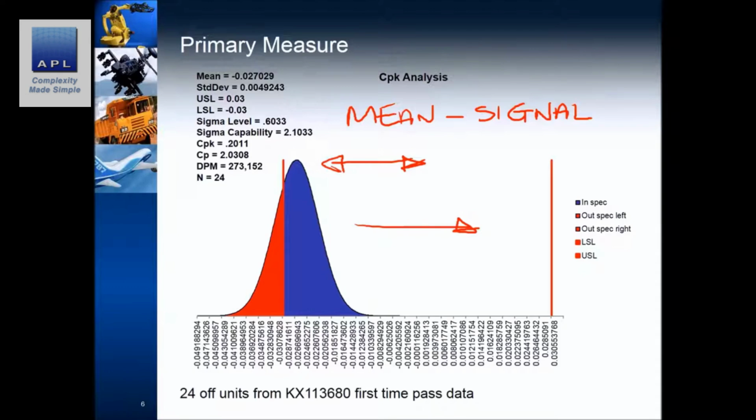If what you're trying to do, on the other hand, is affect the noise, if you've got a capability problem that looks like this, for example, and the defects are sticking out both sides, so it isn't about moving the signal, that is about squeezing the noise. If you are trying to squeeze the noise, that's going to take 3 months. This is going to take 3 days. Maybe 3 minutes if it's a dial on a machine.